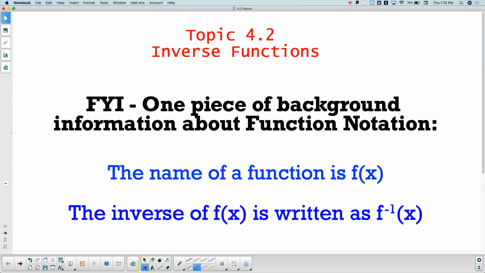Write down, okay. So it's f with a -1 exponent of x. But we read it as the inverse of f. So a little background information prior to us going forward.